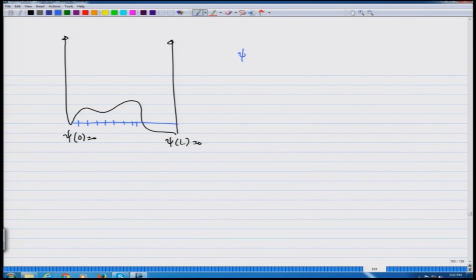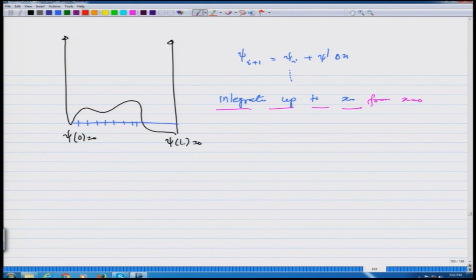So, you write psi i plus 1 equals psi i plus psi prime delta x, and all those steps that we did earlier, and integrate up to x 0 from x equal to 0.